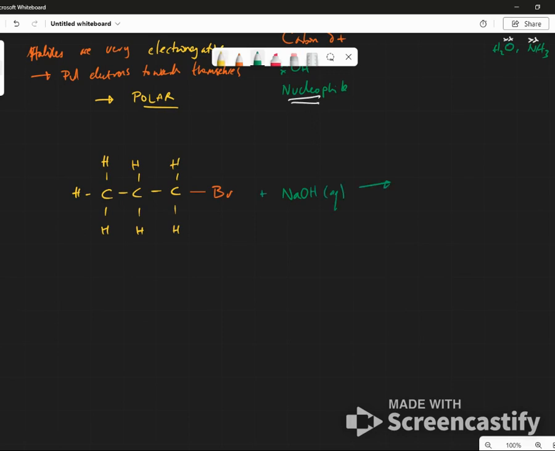What I'm going to get is my molecule here, and the OH goes on. If the OH goes on, obviously the Br must come off, and we're going to end up with NaBr. Okay, so we're all good with that. That's the reaction we're looking at.